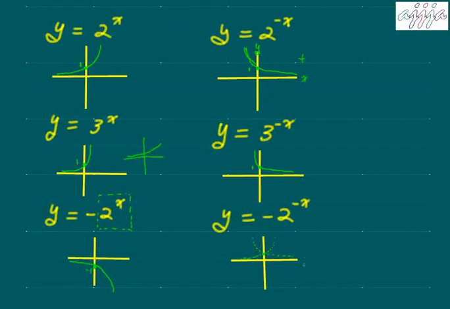Then flip one more time on the x-axis. Automatically this is going to be negative 1, just like that. So you just put a solid line on this. That's it. So easy. Very interesting.